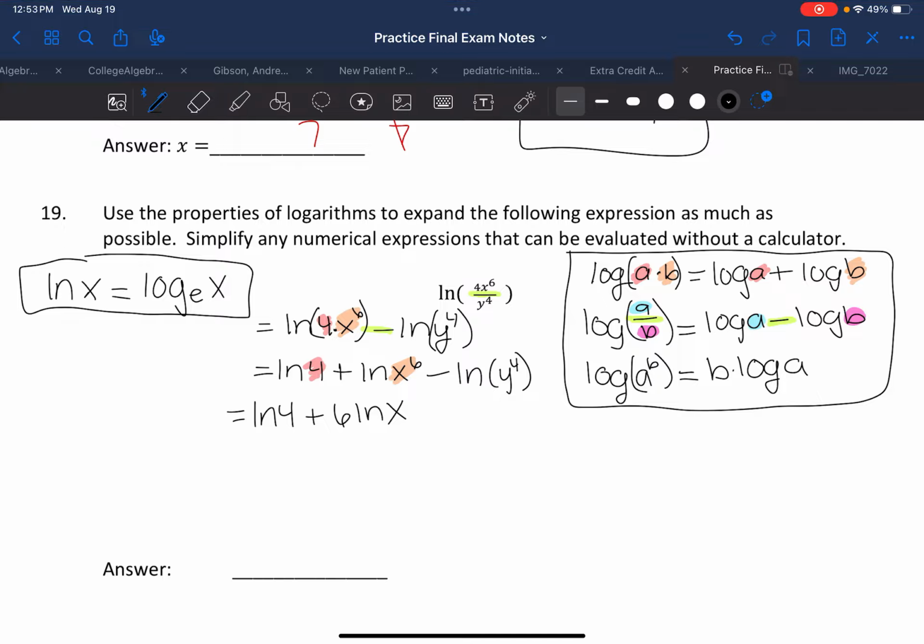And then the third one, there's an exponent of 4 inside that ln, so I can pull that out front, so that'd be minus 4 times the ln of y. So that's me using the third rule. And then that's it. Once there's no exponents, there's no more multiplication, there's no more division inside the ln or the log, this is my final answer.